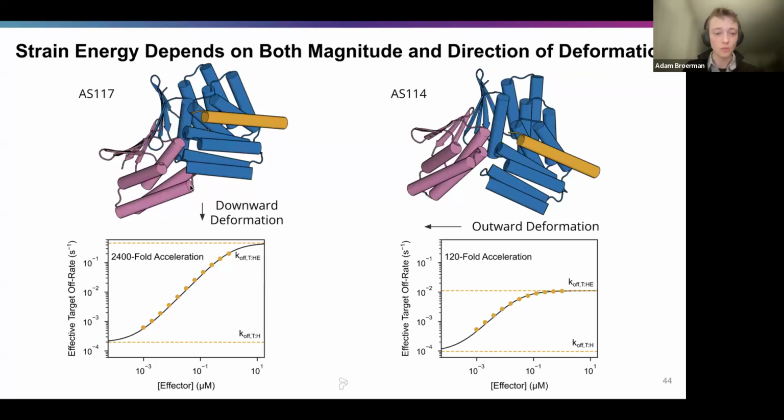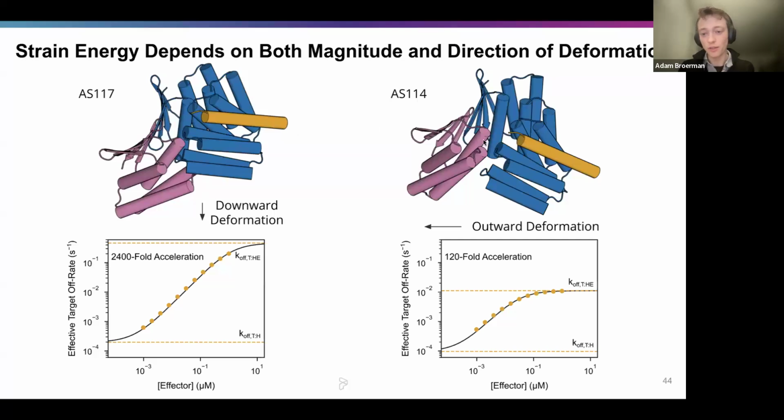In this case, because it's deforming downwards, that's parallel to, or in the direction of, shear for these beta sheets. And beta sheets are really stiff against shear. So you could deform downwards just a little bit in the shear direction for a beta sheet, and that should be a quite high energy deformation.